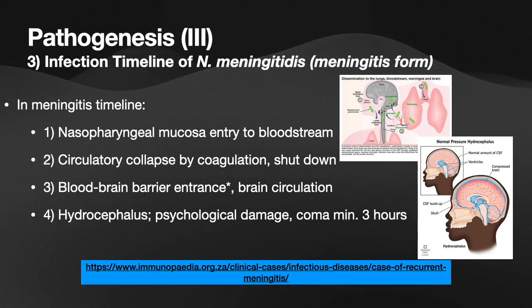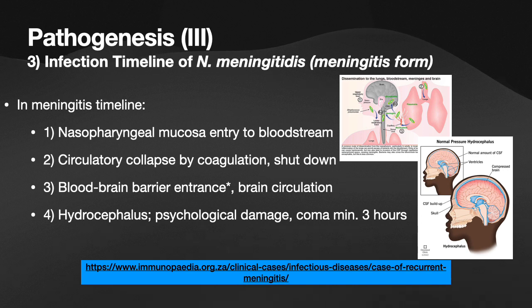Building upon the idea that the Neisseria species draws the most attention, it is because there are two forms of infection timelines that this bacteria can follow. In the meningitis form, entry begins through the mucosa of the nasopharyngeal region and into the bloodstream. Similar to Staphylococcus aureus, it is part of the normal human flora for 10% of the population in the nasopharyngeal region, and it also brings upon a coagulation cascade once it becomes an opportunistic pathogen.